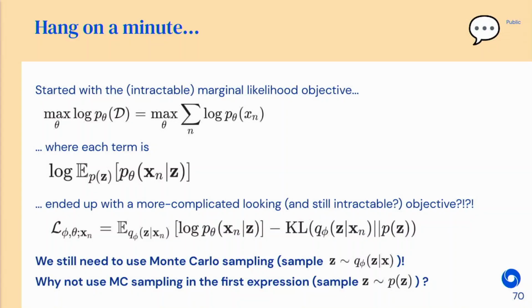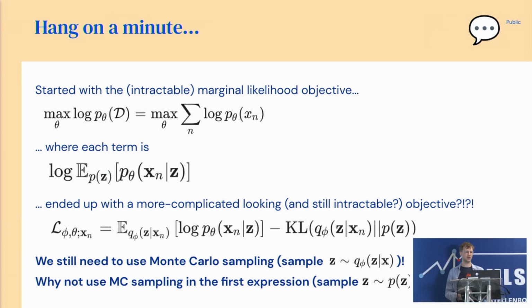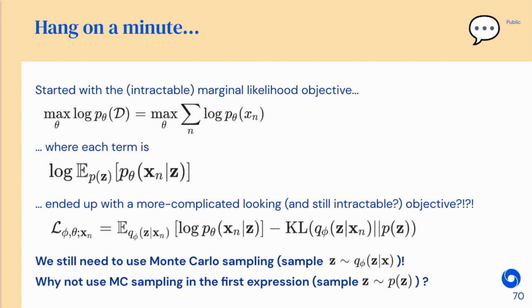But we still have to sample from Q. We can't compute it in closed form. Why didn't we use MC samples in the very beginning and just sample from the prior and evaluate this objective? I already gave away half the answer, but have a think.